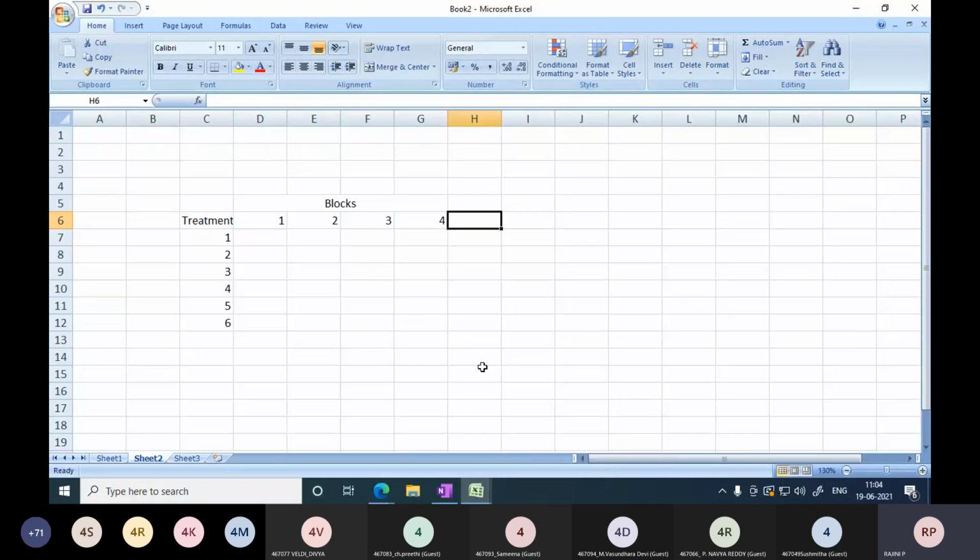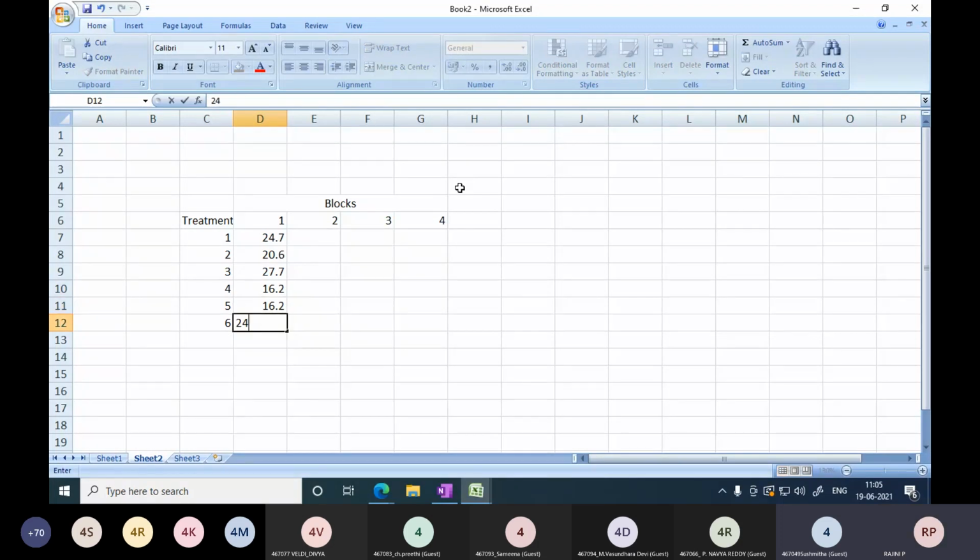Now tell me the values of the first block. In the first block, first treatment, what is the value? 24.7, ma'am. And second treatment, 20.6. Next, 27.7, 16.2, 24.9.